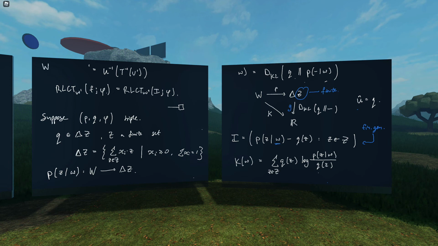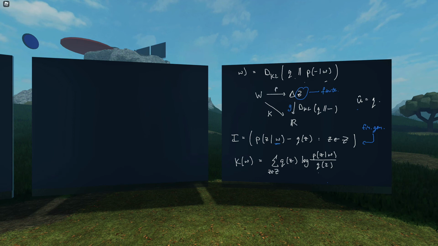So let's say we have W1 and W2 are semi-analytic, and we have some ideals in their respective rings of analytic functions, and set W to be W1 Cartesian product W2.